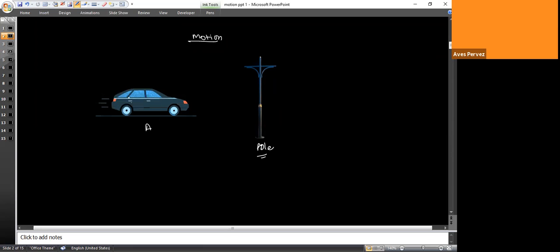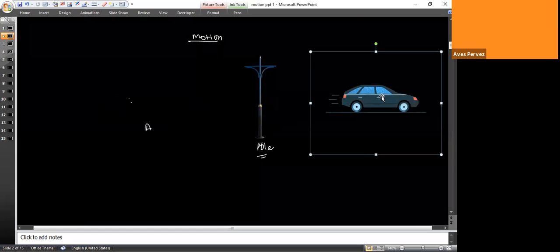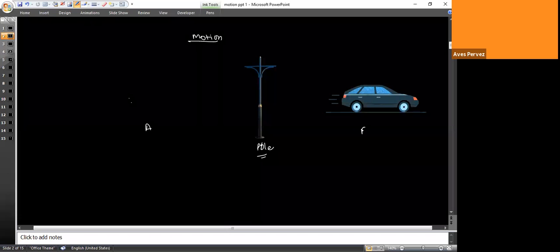Let this car after some time reach this position, from point A to point B. Then we will say that this car is in motion. So if an object changes its position with respect to a reference point, or a stationary point, then the object is said to be in motion.